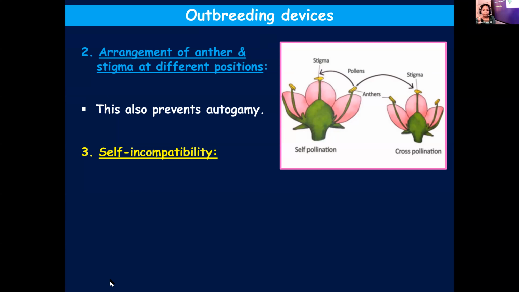But they develop a genetic mechanism known as self-incompatibility. So when its own pollen falls on the stigma, it will not be permitted to germinate, or its pollen tube formation will be prevented. So as a result, self-pollination cannot take place.